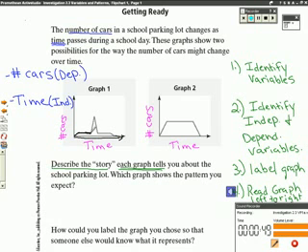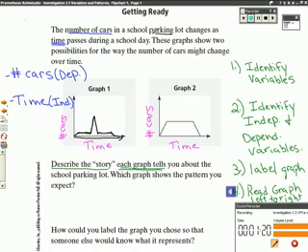Then there's no more cars coming in for quite a bit of time, and then all of a sudden, a whole bunch of cars come in at one time, and then a whole bunch of cars leave at one time, and then we're back to whatever the other number was for another long period of time, and then eventually they start to leave all at one particular time. So that's one example.